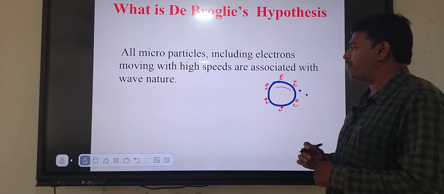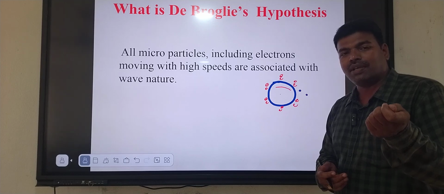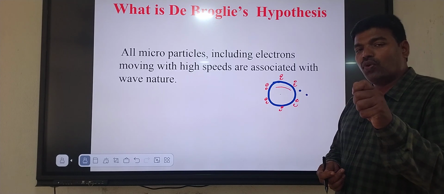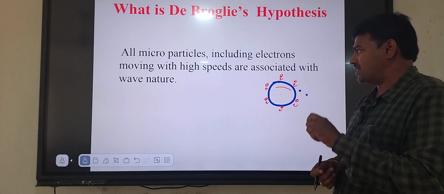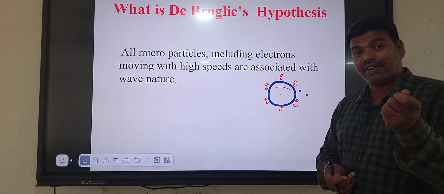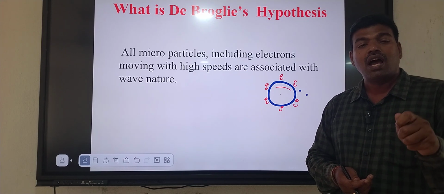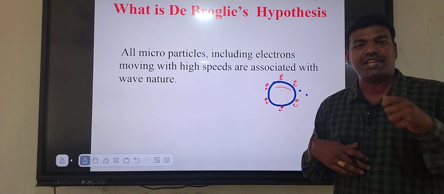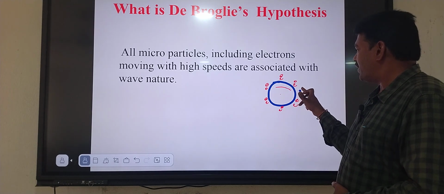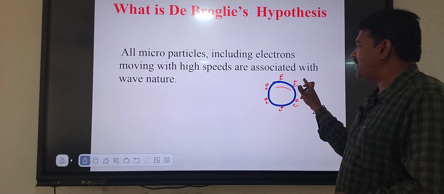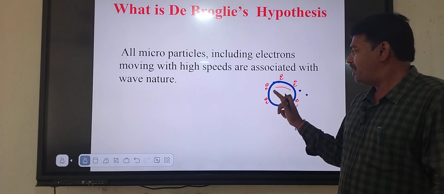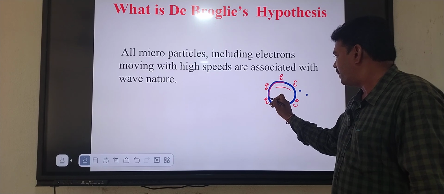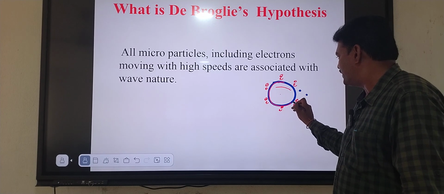This is the perception we had before the advent of de Broglie's hypothesis: all our perception was that the electron revolves around the nucleus in a circular orbit, in a Bohr's orbit like this.